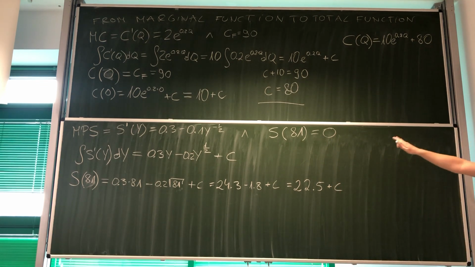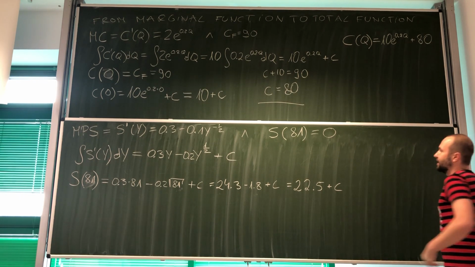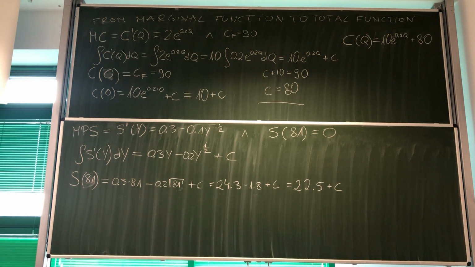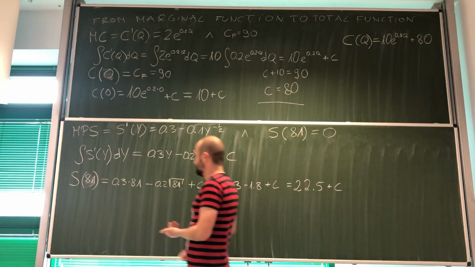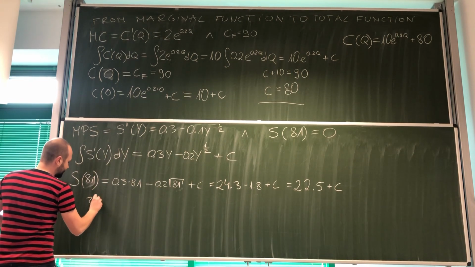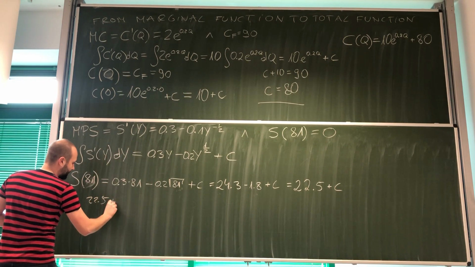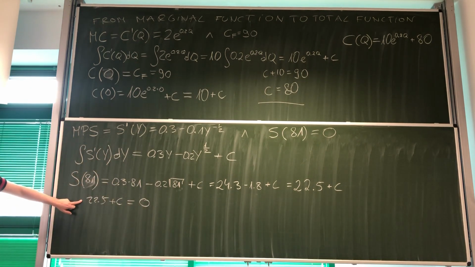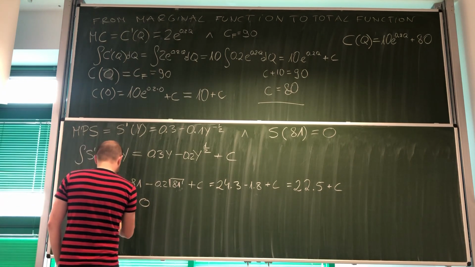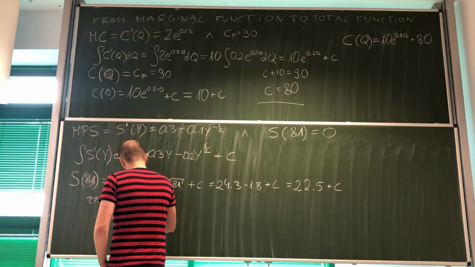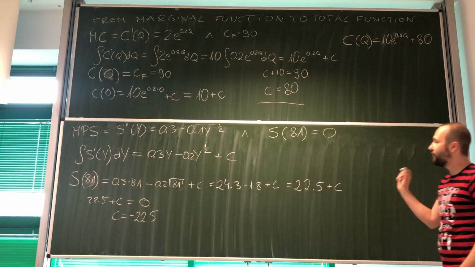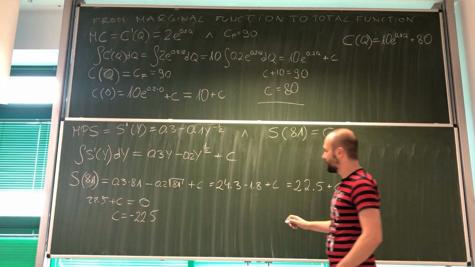But we also know that the level of savings, if income is 81, is equal to 0, so we can conclude that 22.5 plus c equals 0. And from this, we get that c must be equal to negative 22.5.